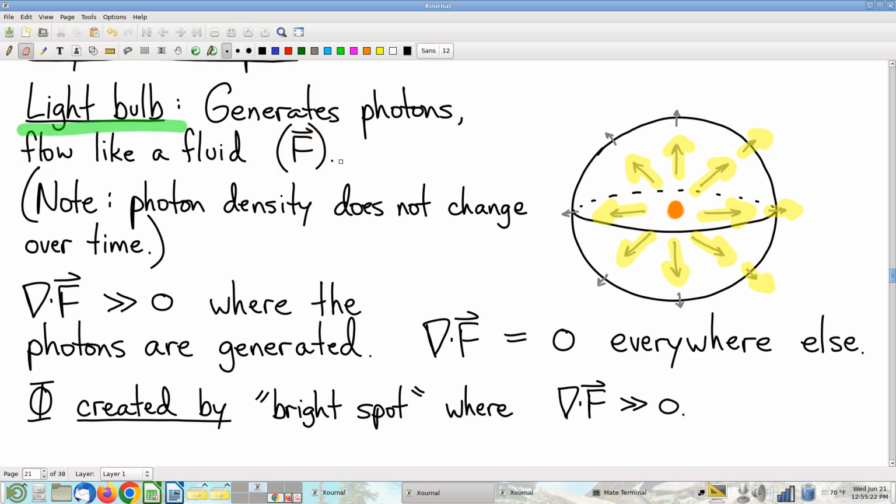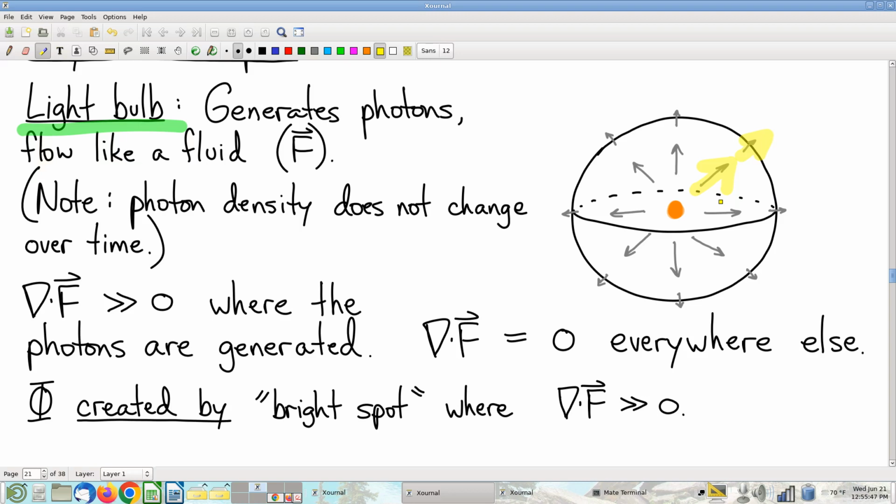Okay. Now, you'll notice what I've drawn here for the vector field is not a bunch of vectors of constant magnitude. How come this vector here is shorter and that vector there is longer? Speed of light is constant, right? Shouldn't those vectors be the same length? Answer: let me remind you, we don't always use velocity to represent a fluid flow.